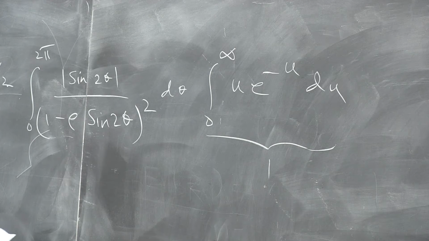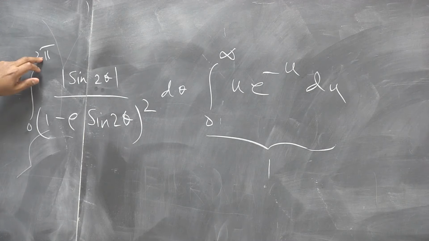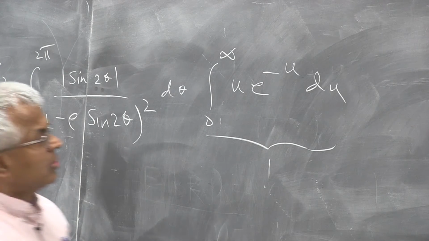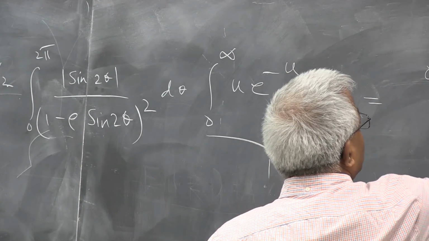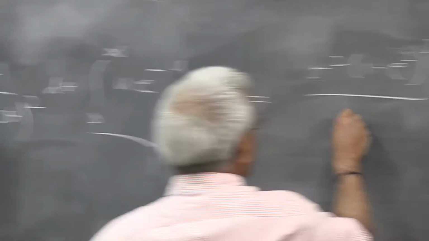First of all, notice that because of 2 theta here, this integral is the same as going 2 times integral from 0 to pi. So I'm going to bring in a 2 here, 2 cancels. So you have sigma squared multiplied by 1 minus rho squared to the power 3 by 2 over pi.